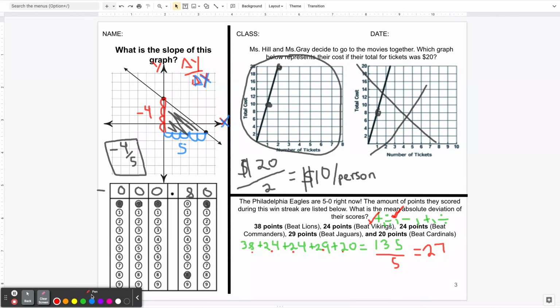And so that would look like 27 minus 38. Okay. And then it would look like 27 minus 24.